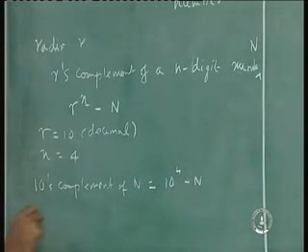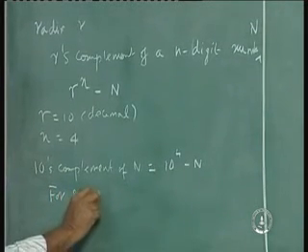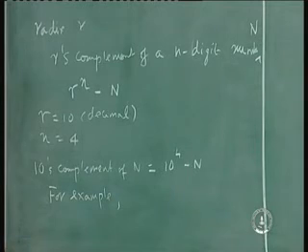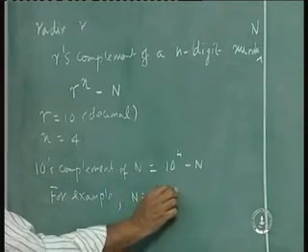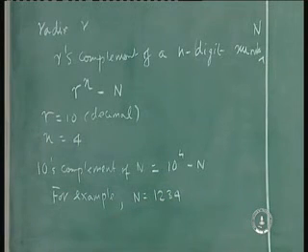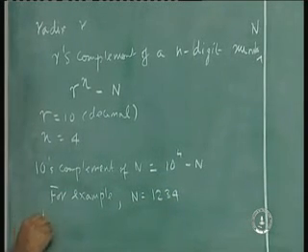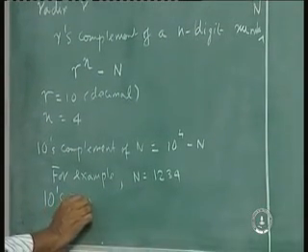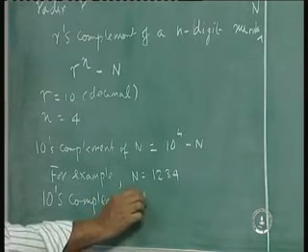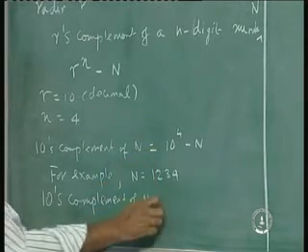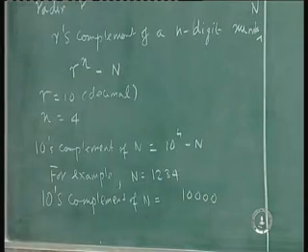If the number N is 1, 2, 3, 4, because there are 4 digits, it's a decimal system. And the tens complement of this is 10 power 4, which is 10,000, right?